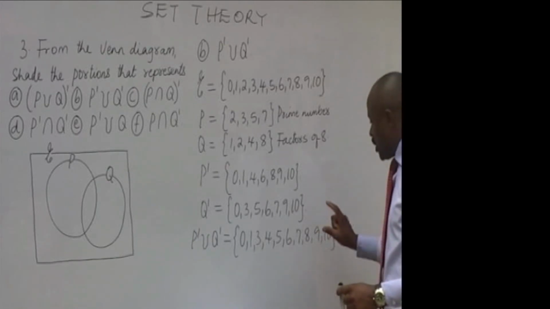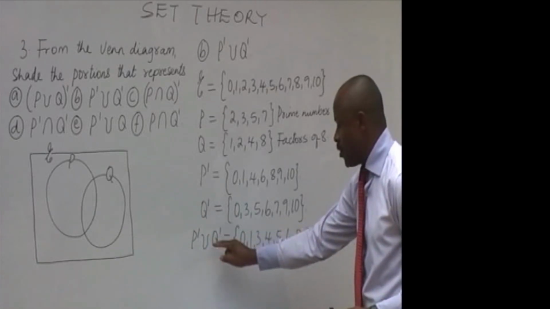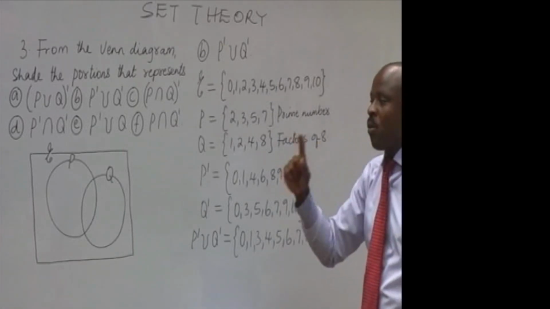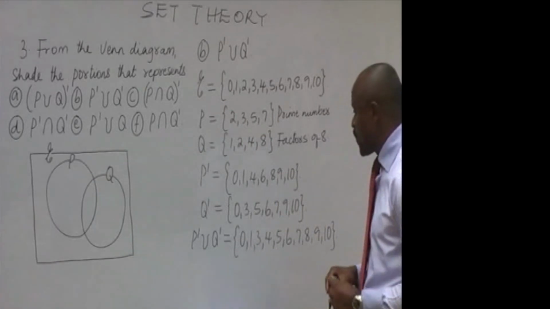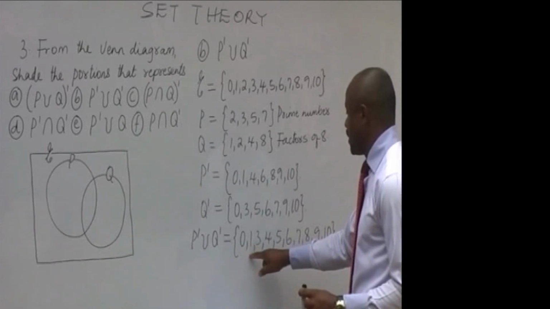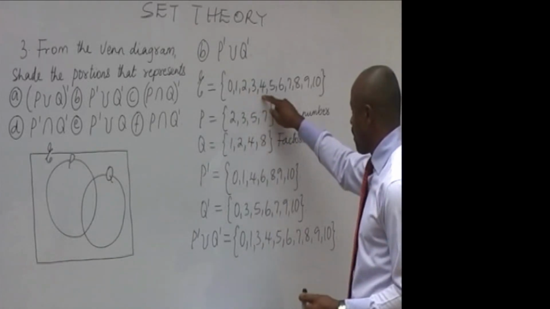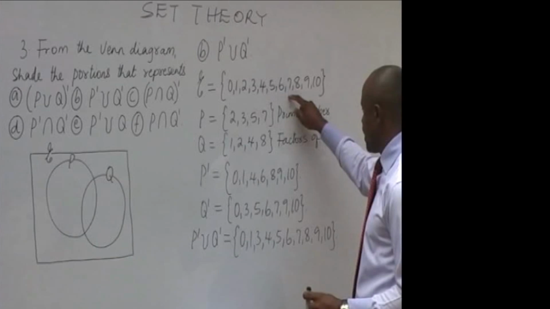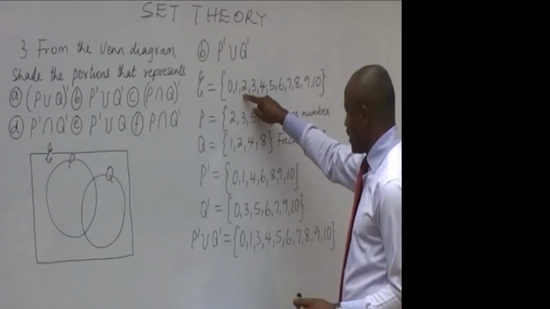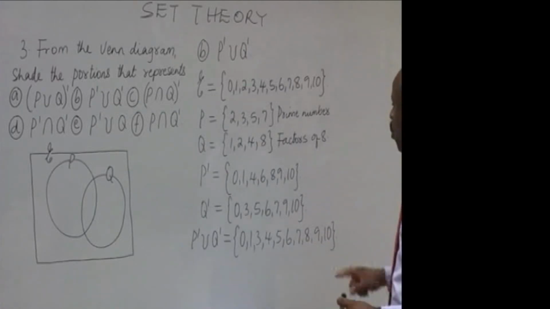Now, check the relationship or the differences between P prime union Q prime and the universal set. That is where you get the idea of what you are going to shade in that Venn diagram. Like now we have 0, 1, there is no 2 here, but there is 2 here. They have 3, 4, 5, 6, 7, 8, 9, 10. So it is only 2 that is in the universal set, but not found in P prime union Q prime. Then what is that 2?